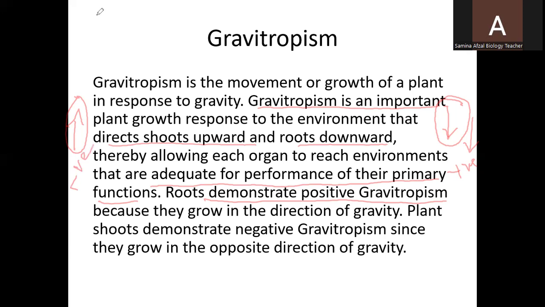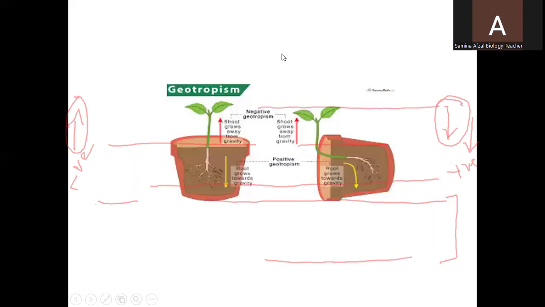Plant shoots demonstrate negative gravitropism since they grow in the opposite direction of gravity. So gravitropism is the movement or growth of a plant. Shoots show negative gravitropism and the roots show positive gravitropism. And in the next slide, I would like to show you their response.